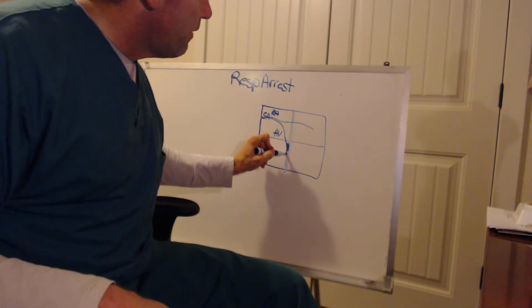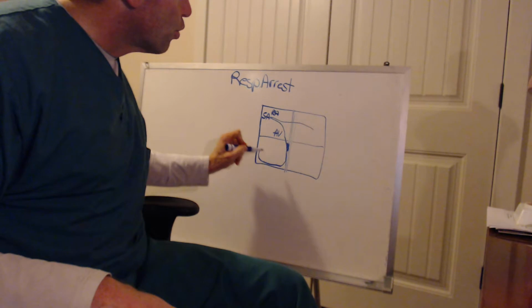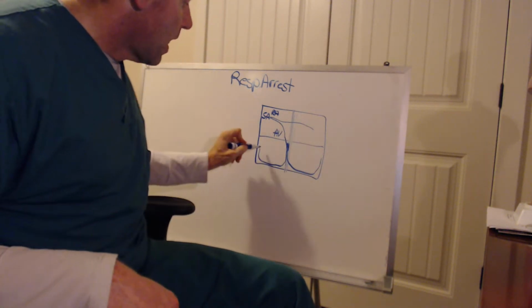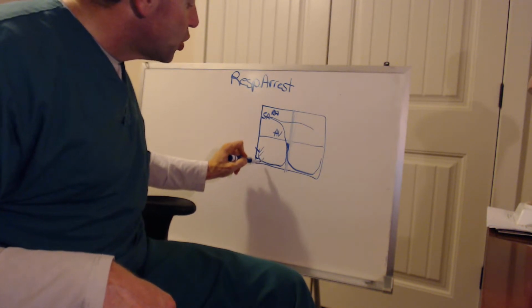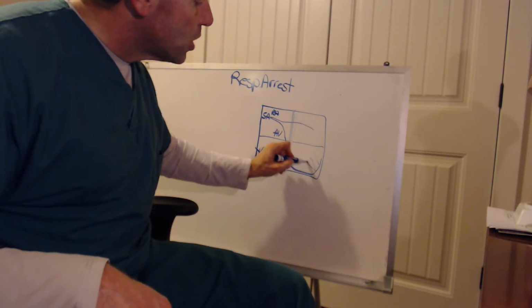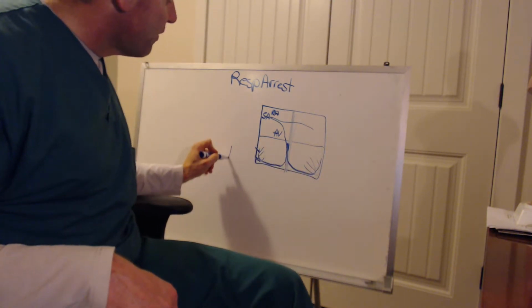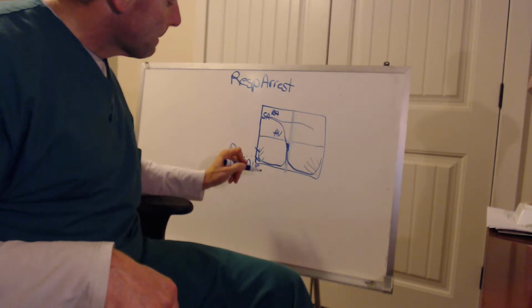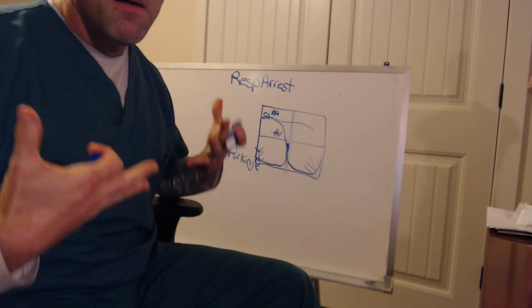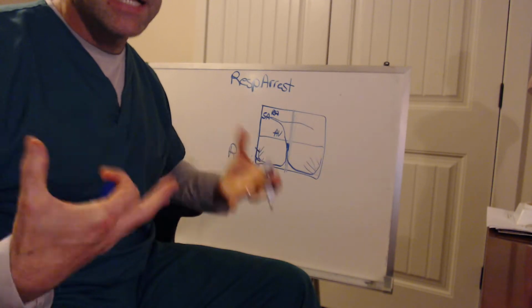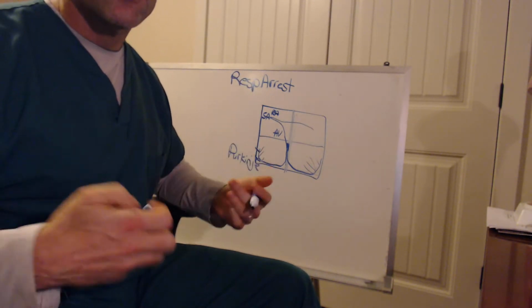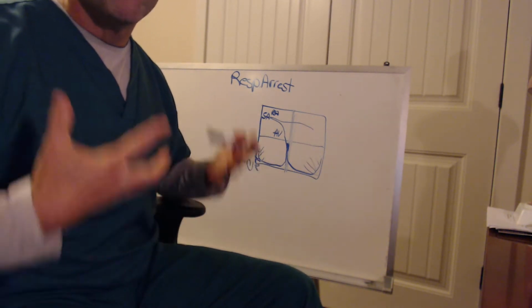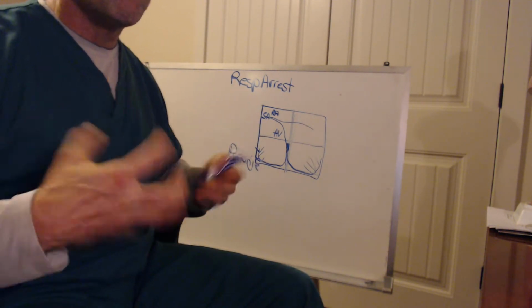And the bundle of His will divide into the right and left bundle branches, and then those bundle branches divide with a whole bunch of projections called Purkinje fibers. That way the entire myocardium gets innervated with electrical impulses, so the cardiac cycle can occur in a rhythmic and timely, organized manner.